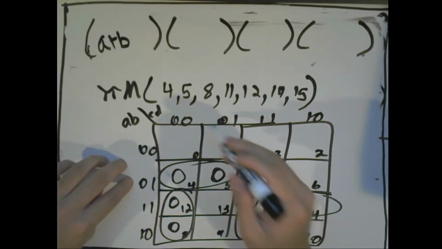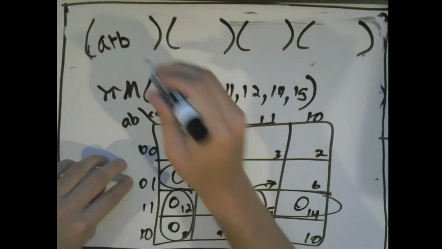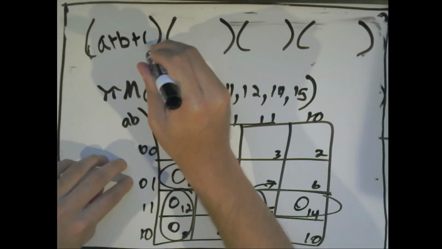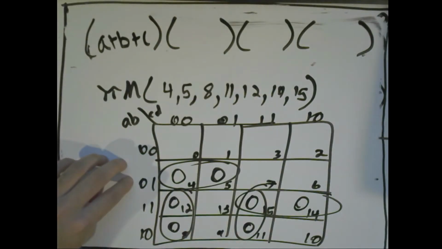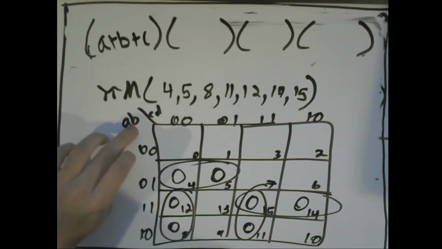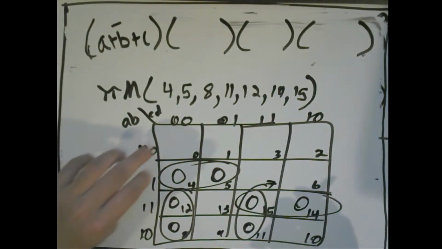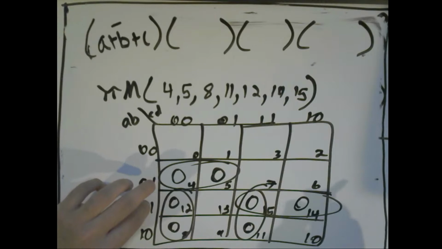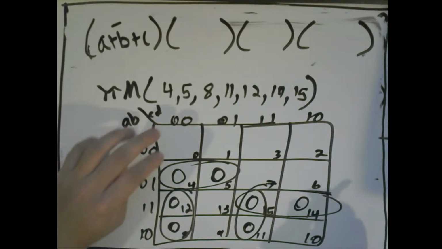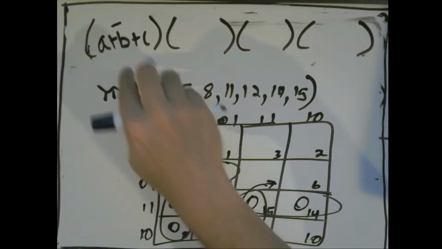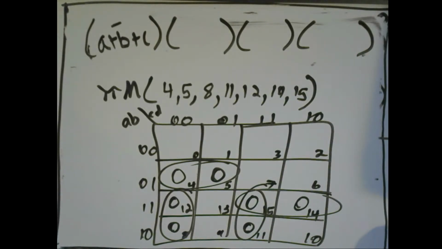And up here, we're going to see that C is also not changing. So we're going to have something like this. And remember, it's the opposite. So A is 0 here, so we're going to write it like that. B is a 1 right here, so we're going to write it like this. And C is a 0 right here, so we're going to write it like this. So this is going to be our first term right now.